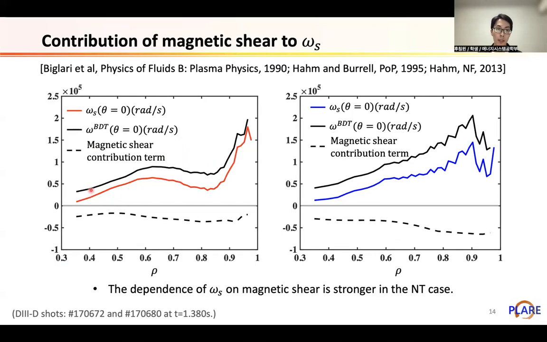The solid line denotes the profile from the BDT theory, and the dashed line is the magnetic shear contribution term. If we compare the PT case and the NT case, we can find that the magnetic shear dependence is stronger in the NT case.